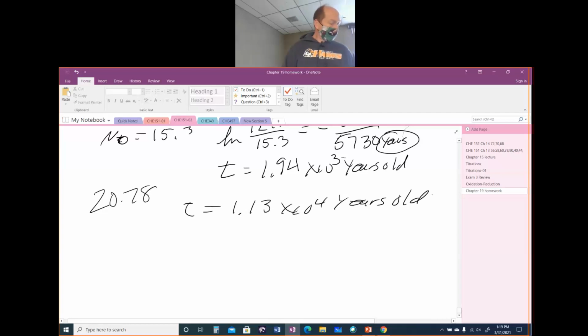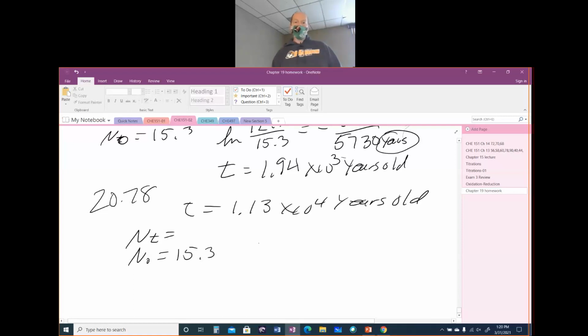What must have been the activity of the carbon-14? This time we're looking for what was the N at time t that must have been found from this bone, knowing that our initial carbon reading is 15.3 disintegrations per minute per gram of carbon-14.